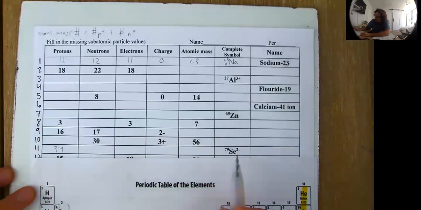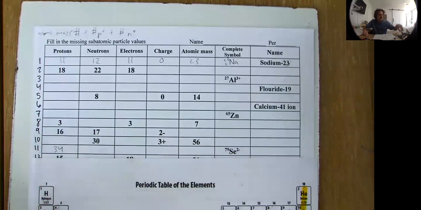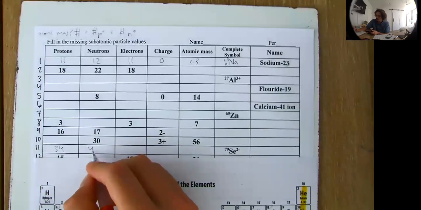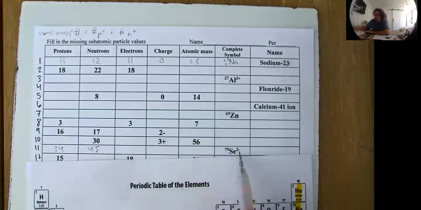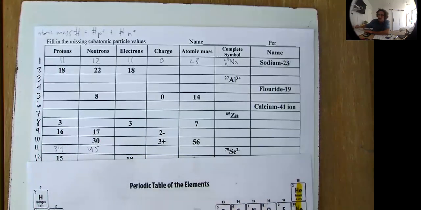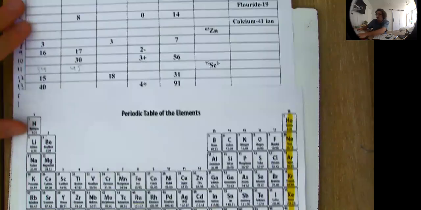For the number of neutrons, I'm just going to calculate it up because I don't want to mess this up. We have to take the mass number and subtract away the number of protons. That gives us the number of neutrons, and that's 45. Now, electrons are going to be interesting. It has a charge of -2. So let's look at selenium's position on the periodic table.